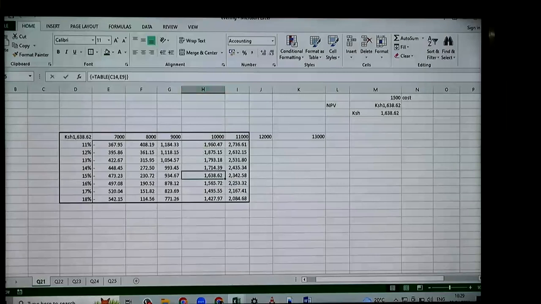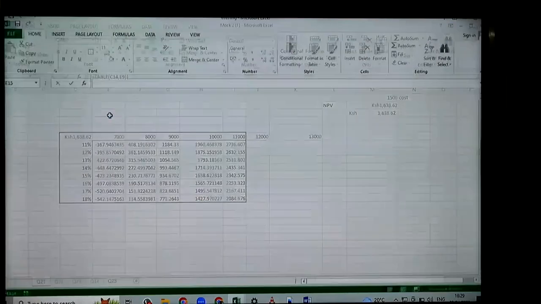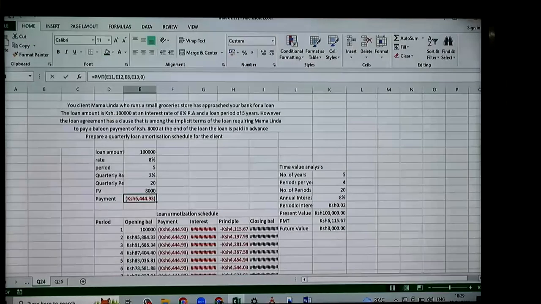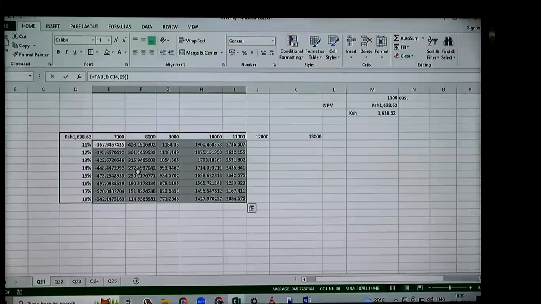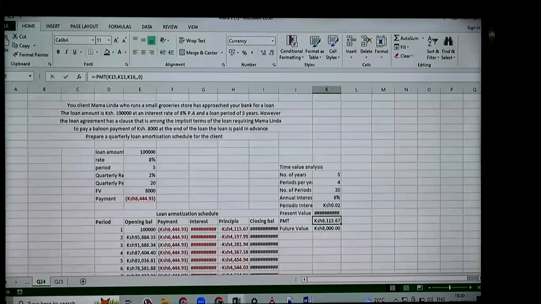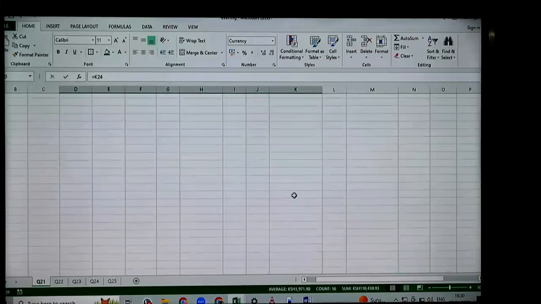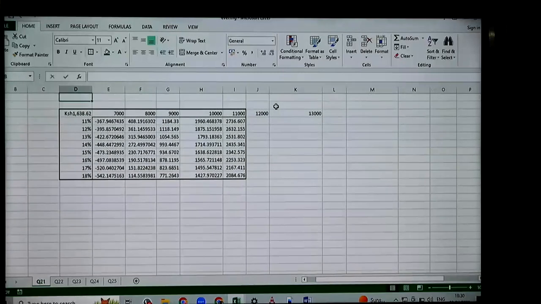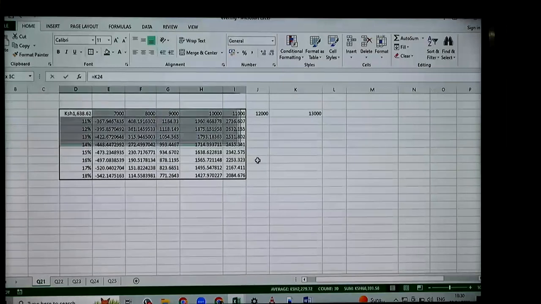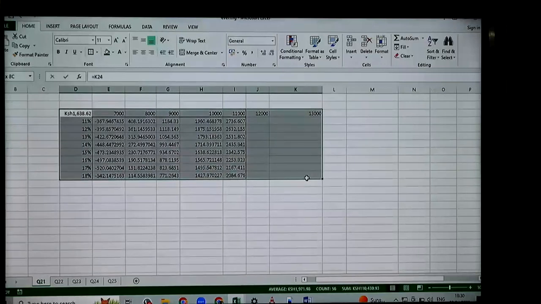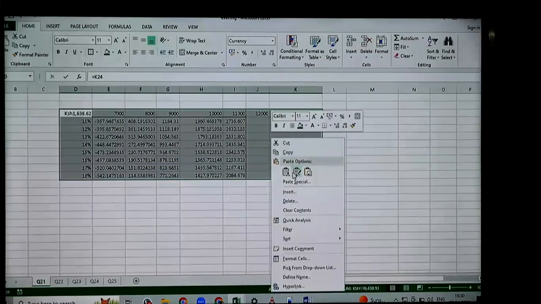Sorry, let me see the charts on the Zoom. Someone is telling me to maximize. I'll just do this. Sorry. I'll do this way. Let me try to maximize the screen a little bit. So I'll clear this content.